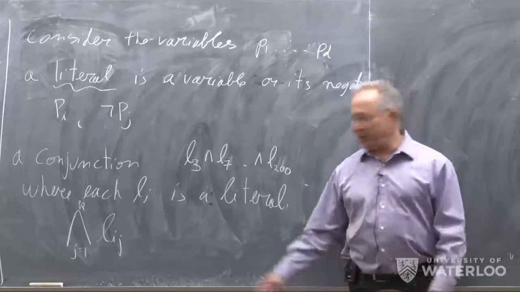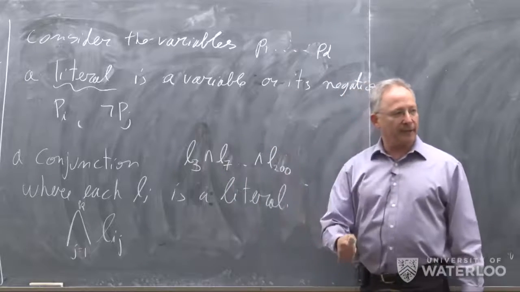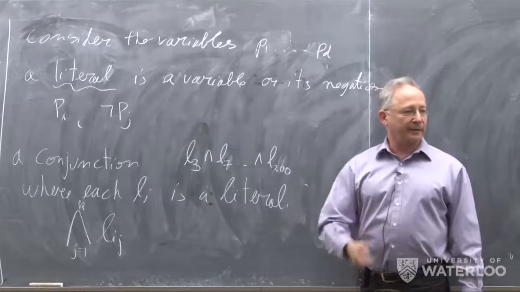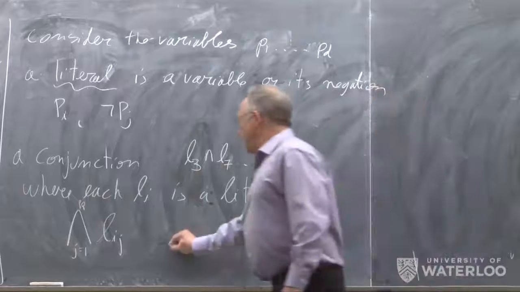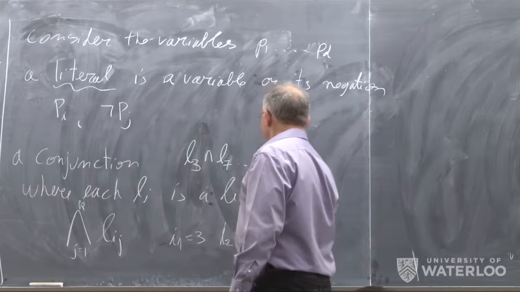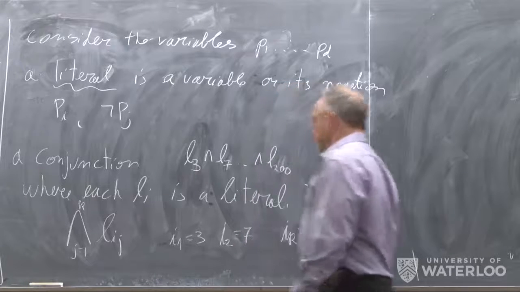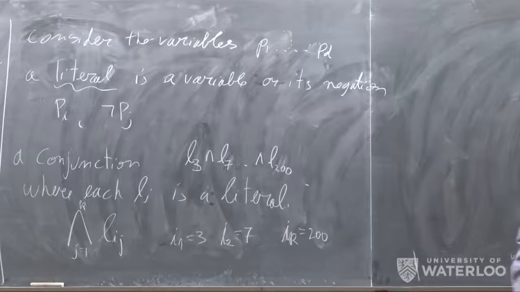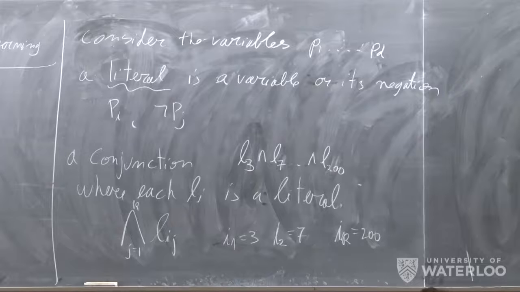The j tells me where it is in my list, and Ij tells me the index of this literal. So Ij is the index of the jth literal in my conjunction. Yes? So j is a subscript on the i? Right.